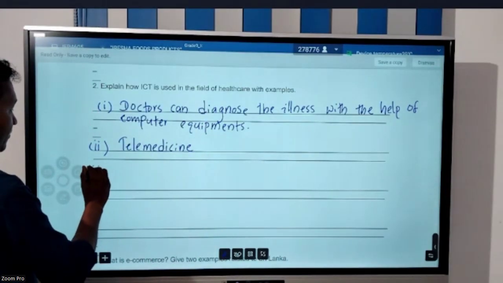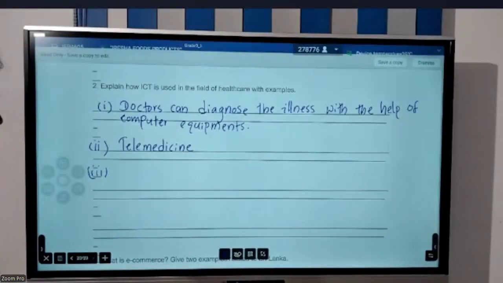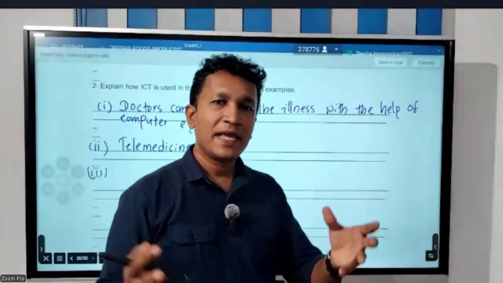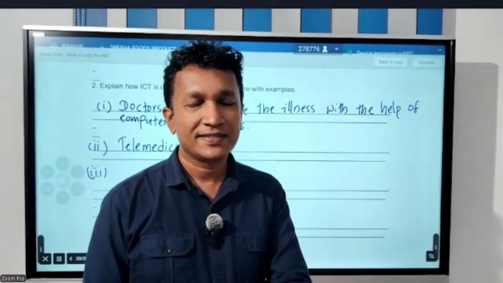Telemedicine is also there. What else? As I said earlier, patient records can be stored in a database.